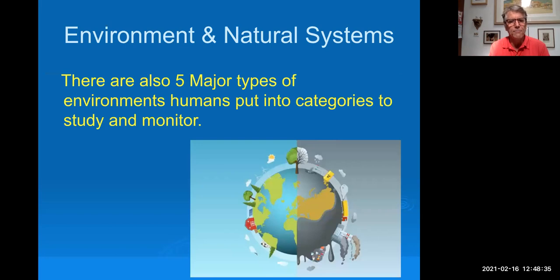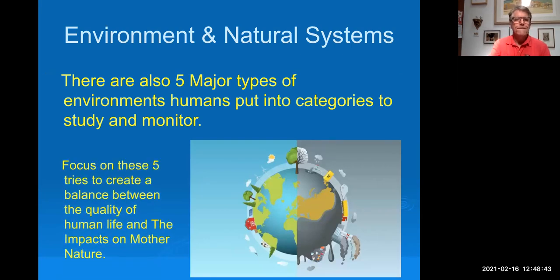There are also 5 major types of environments humans put into categories to study and monitor. All right. So focus on these 5 tries to create a balance between the quality of human life and the impacts on Mother Nature.